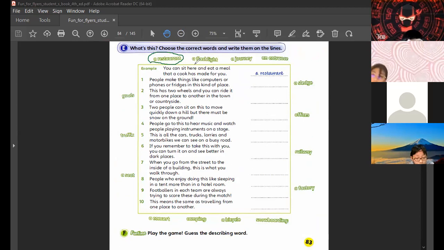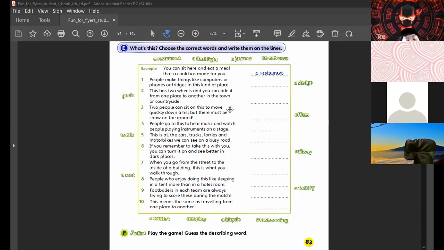So a restaurant, a flashlight, a journey, an entrance, a sledge, offices, railway, factory, snowboarding, a bicycle, camping, a concert, a seat, traffic, goals.